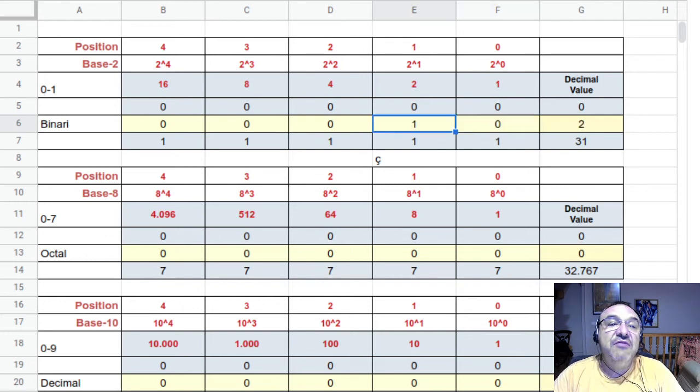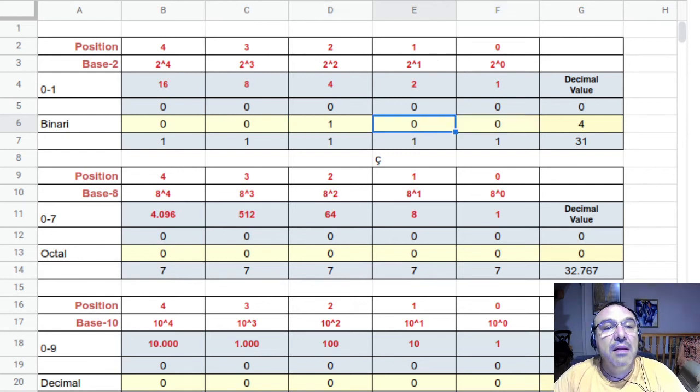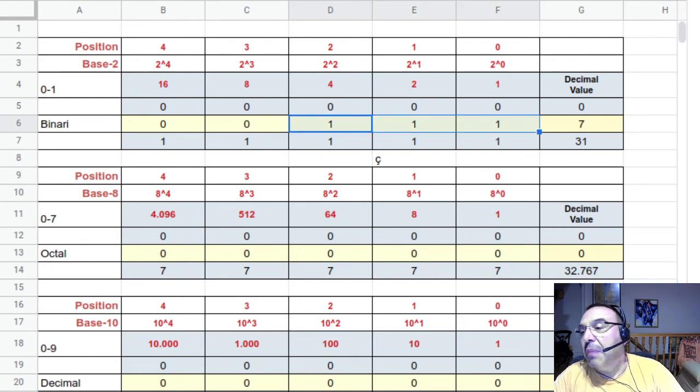You have 0 units, 0 in the second, and then you put a 1 here. That 1 has the value of 4. So that 1 0 0 is the number 4 in decimal. 1 0 1 is 5. 1 1 1 is 7 because it's 4 plus 2 plus 1.